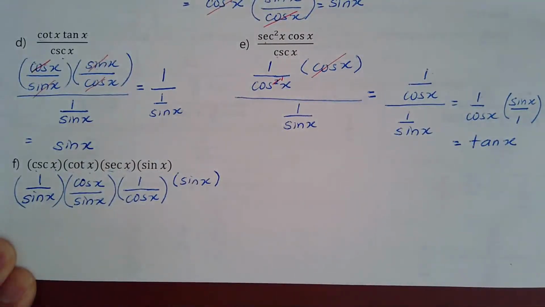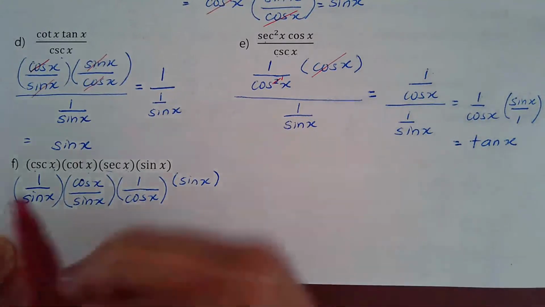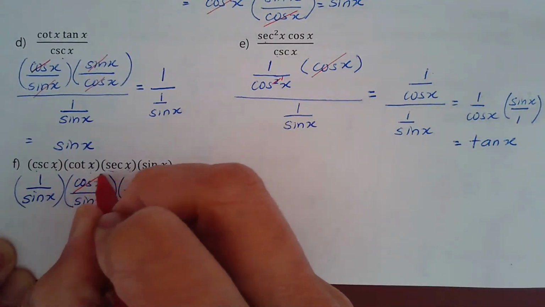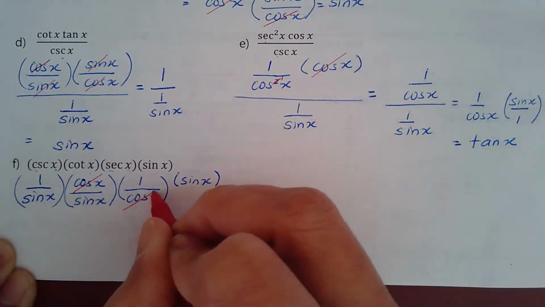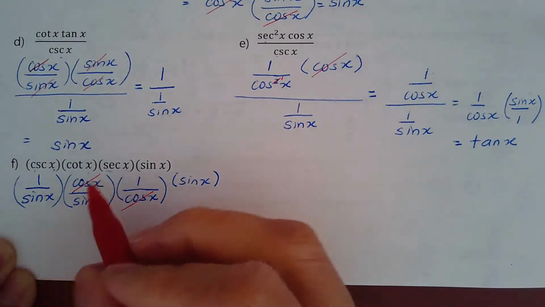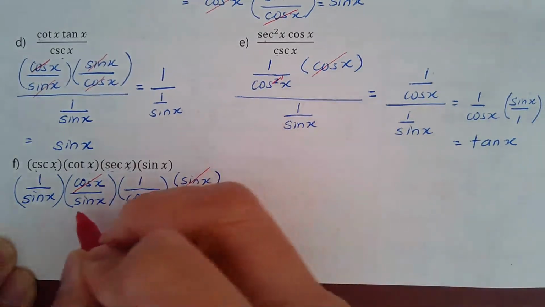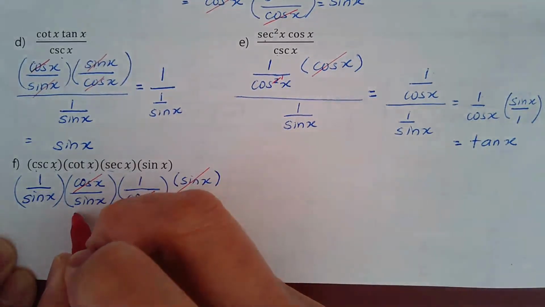Okay, let's see if some stuff is going to cancel out. I can see that this cosine of x and the cosine of x here can be simplified, right? Or canceled out. This sine of x in the numerator will cancel the sine of x in the denominator.